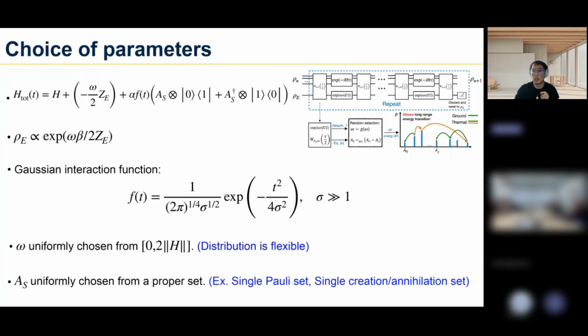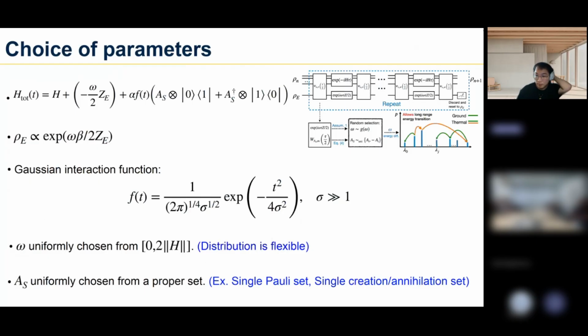No. If you directly use A_S as the jump operator, it does not prepare the ground state or the thermal state. The key is that if you derive the Lindbladian dynamics from the total Hamiltonian, the jump operator is different from A_S. The jump operator will actually take the form of K_A from before. I understand. This is the key of this derivation.